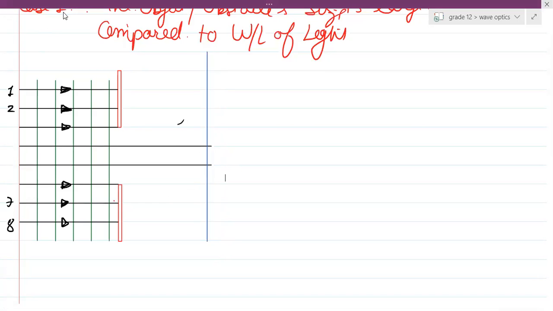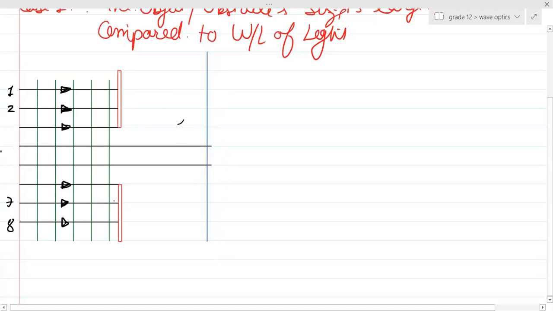So you can see light rays number 1, 2, 7 and 8 get blocked. Light rays number 4 and 5 pass as it is without any deviation, right? But what happens to light rays number 3 and number 6?